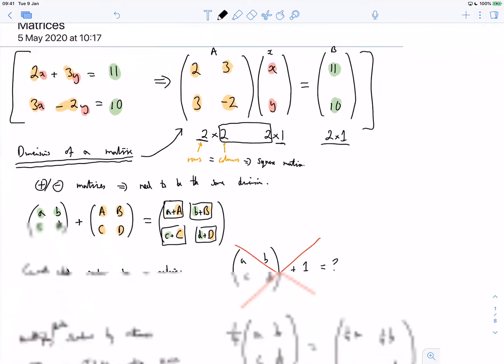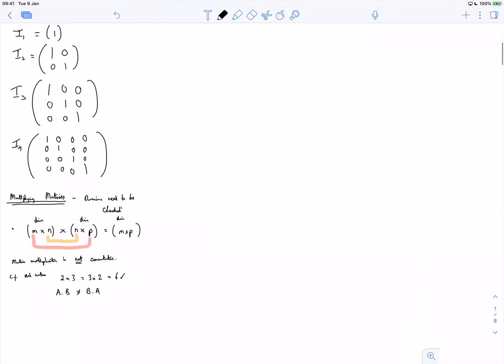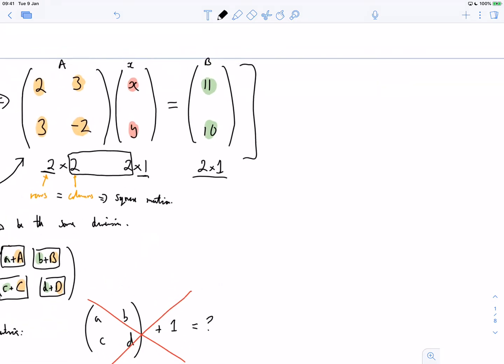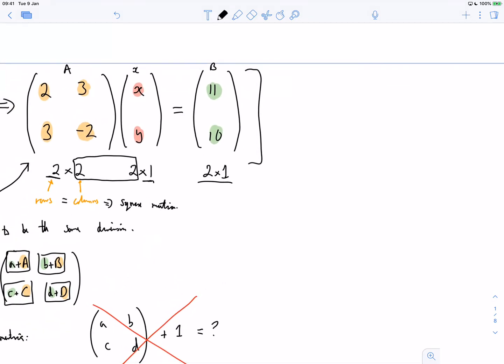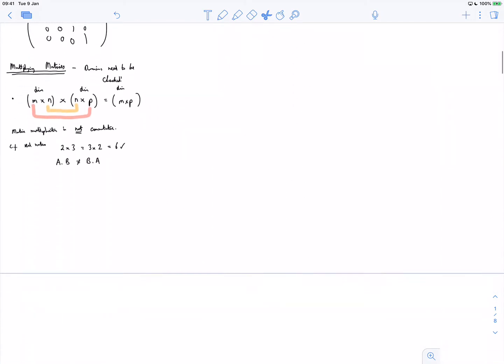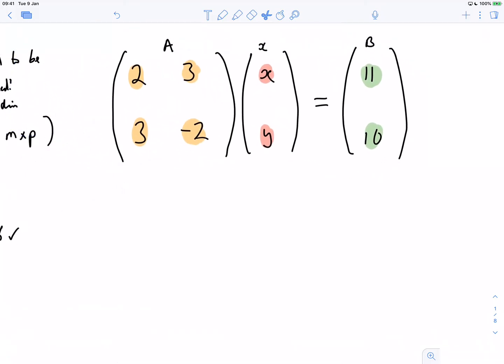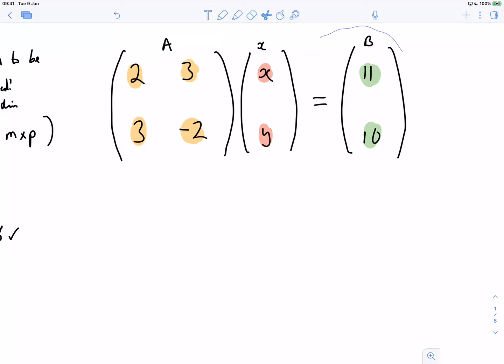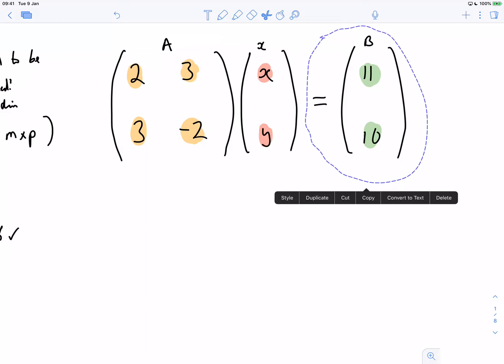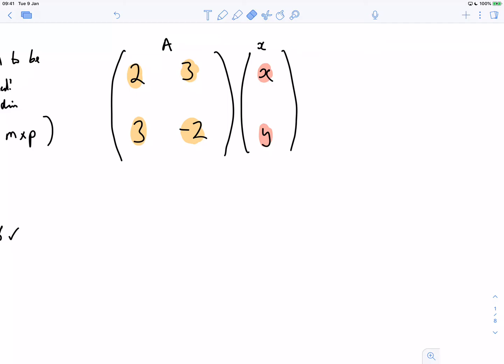Okay, now let's actually multiply some matrices together. So let's go back to this example and see what will happen if we start multiplying matrices together. Now, to multiply matrices is a little bit difficult, but once you get the hang of it, it's actually incredibly easy.